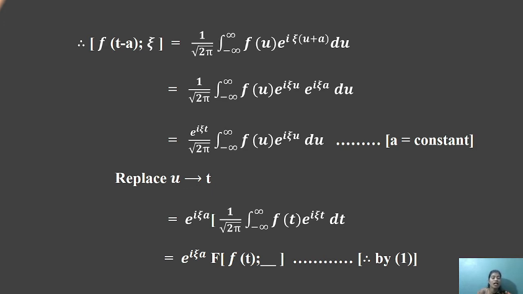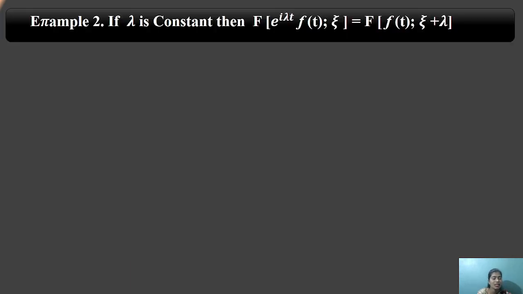Lastly, replace u by t and use the formula. The final form is e to the power i xi a times the Fourier transform of f(t) at xi. This is the first example.